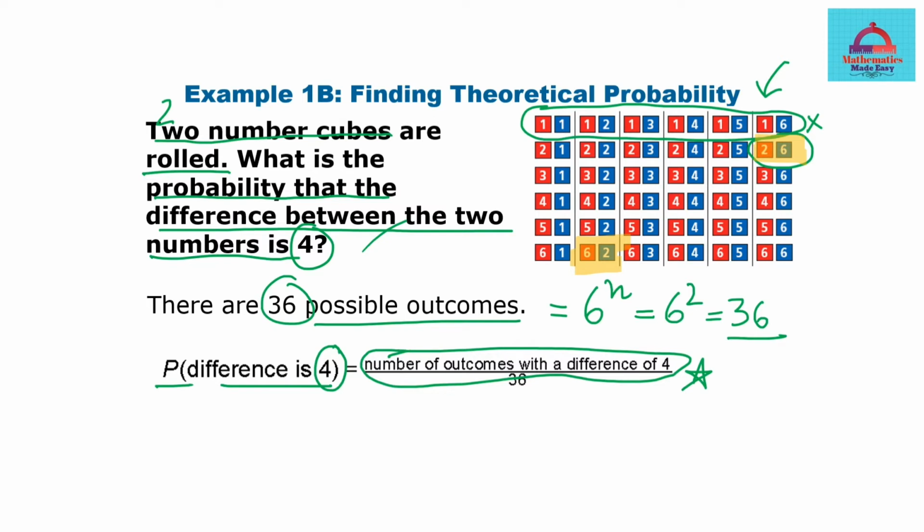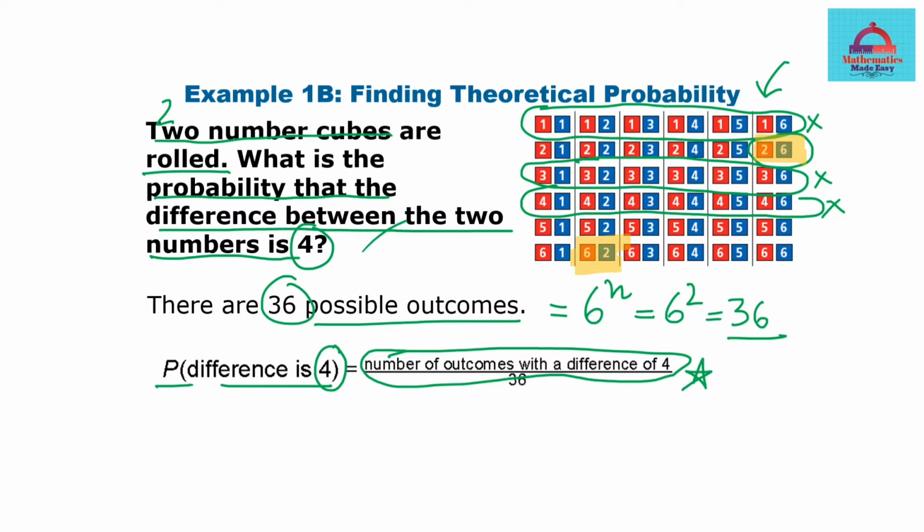Let's see, do we have anything on the other rows or not? So we'll return to our pen. So here in this third row, if you look, there is nothing that gives you the difference 4, so this is not accepted. Come to the next one. Again, nothing that gives you difference of 4, not accepted. Let's come to this one, 5 and 1.